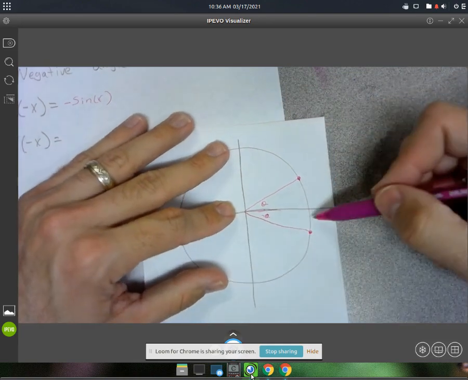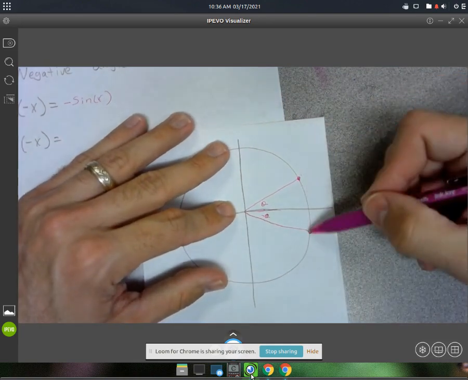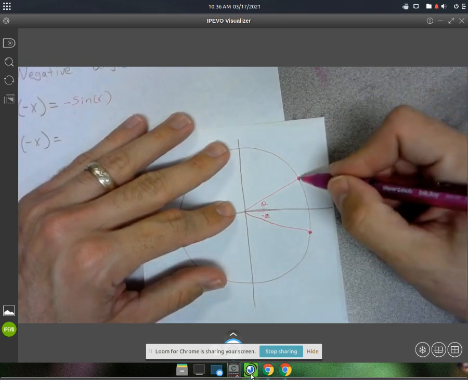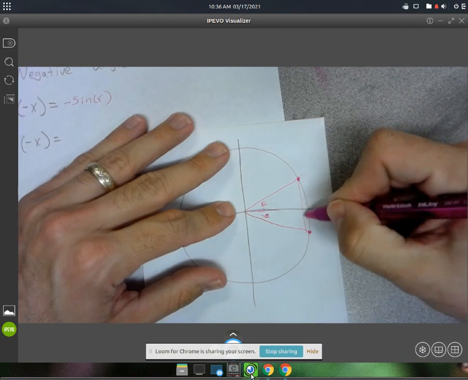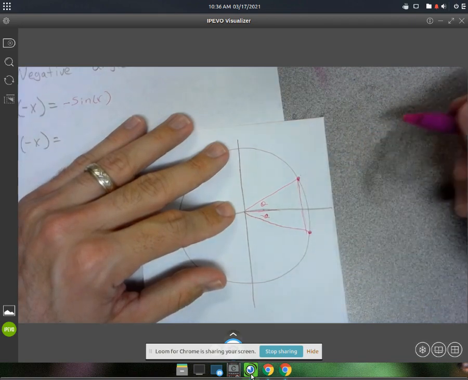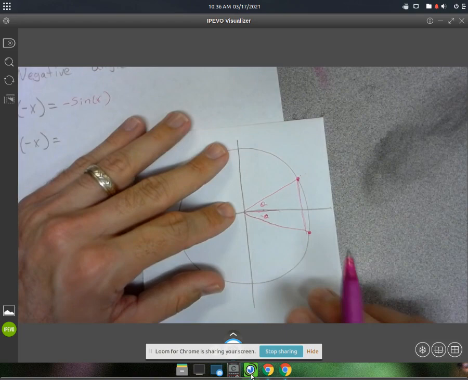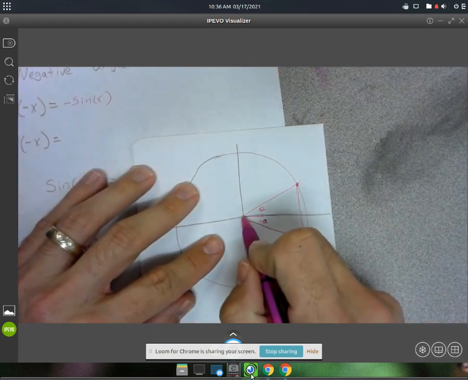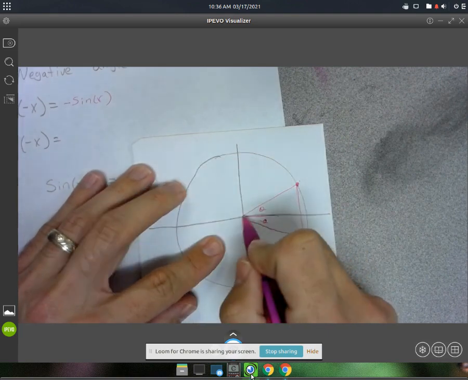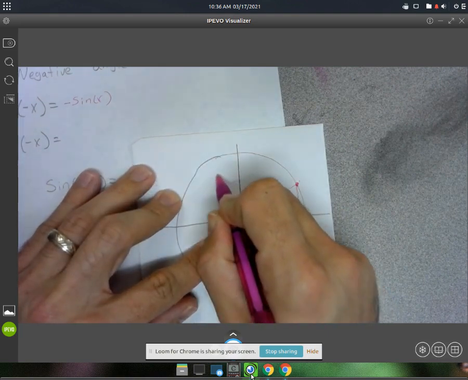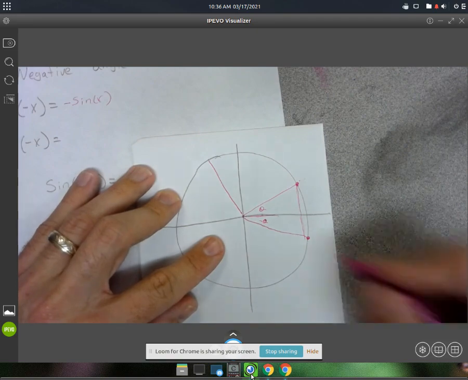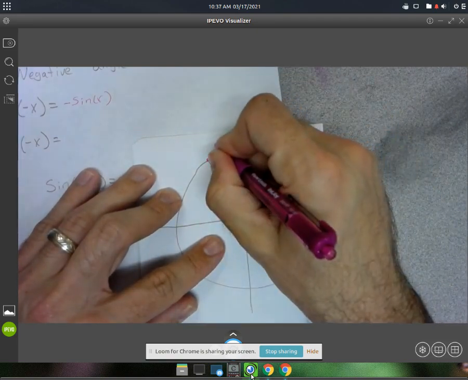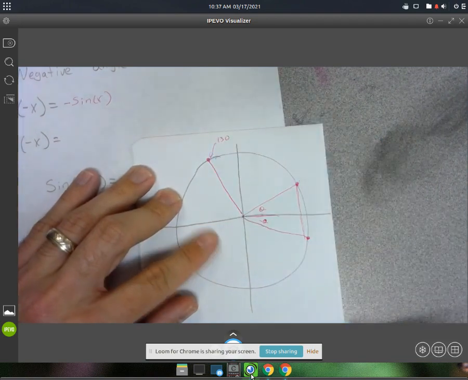So for sine, it was the y values, and they were off by a negative. But for cosine, it's your x values. And these points actually have the exact same x value. They're both positive. So whether you rotate 30 degrees, or let's say you rotated an obtuse angle, say 130 degrees.